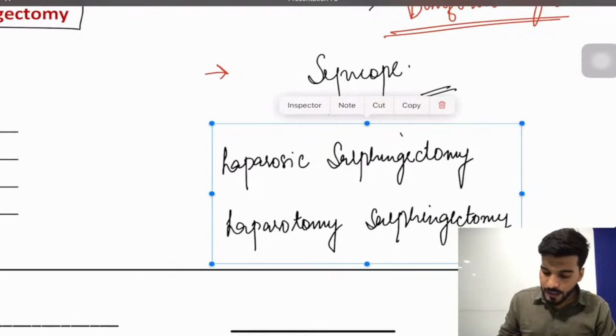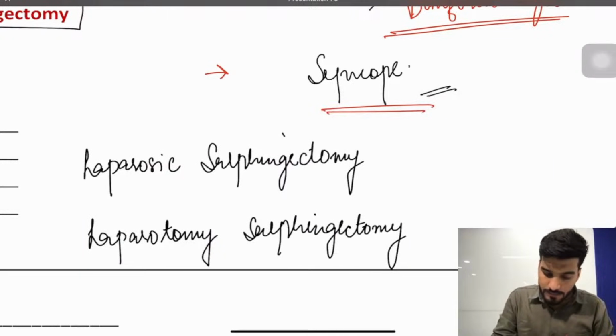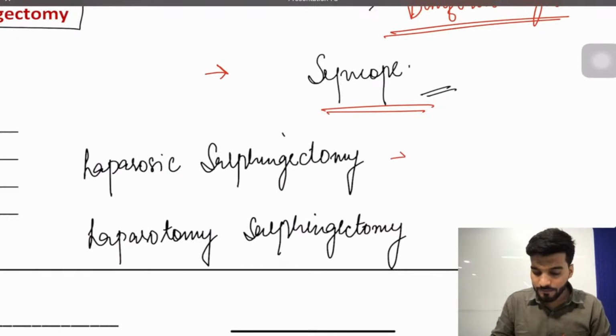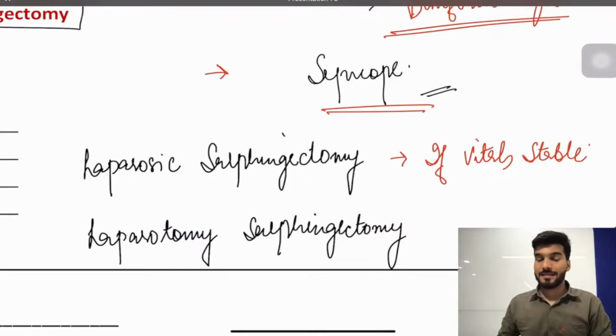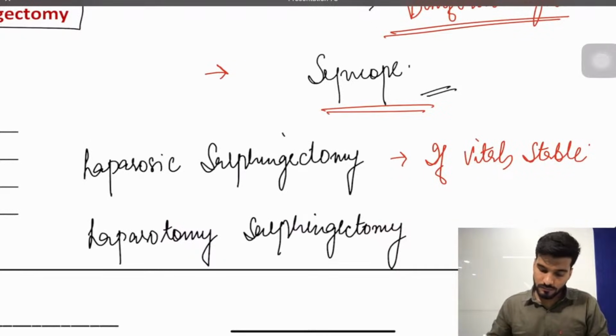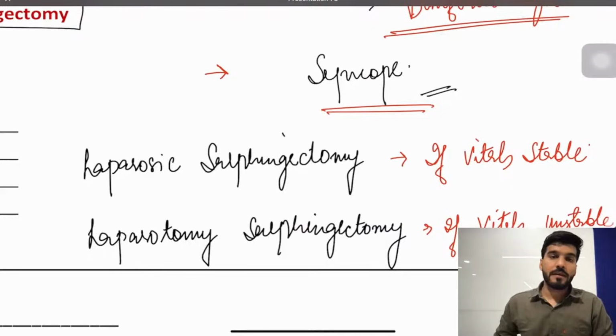Remember, my dear students, whenever a patient's vitals are stable, we can go for laparoscopic as well as laparotomy. If vitals are unstable, that means the patient is in shock, remember laparoscopic is contraindicated, because when you inflate with carbon dioxide gas for laparoscopic procedures, it will decrease the cardiac output.